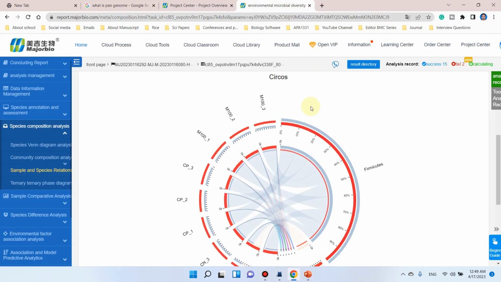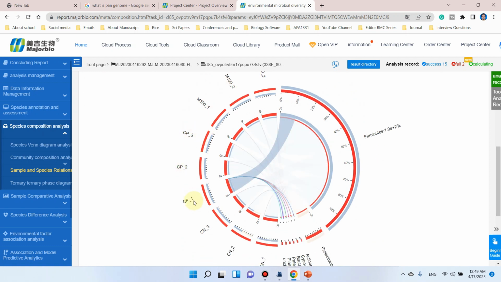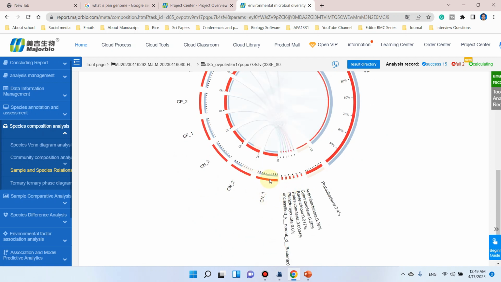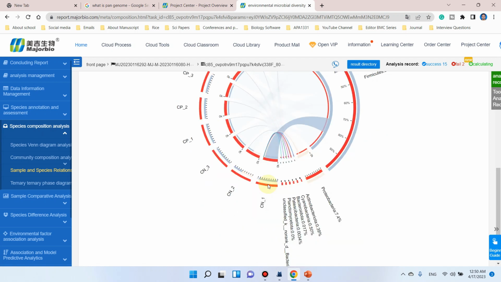space. Here is the circos plot, and you can see here we have the management group, here we have the control positive group, and here we have the control negative group. To understand further, in the control negative, you can see we have proteobacteria 7.4% and actinobacteria 0.39%.